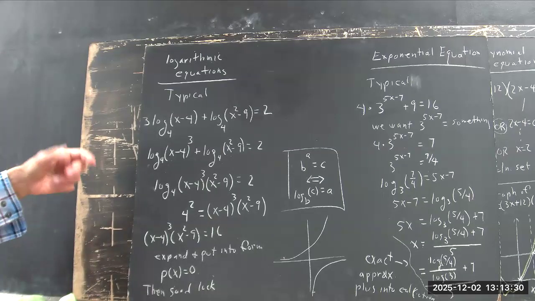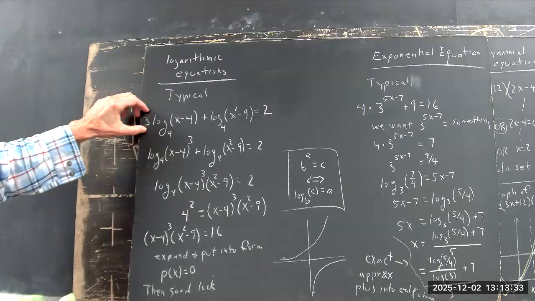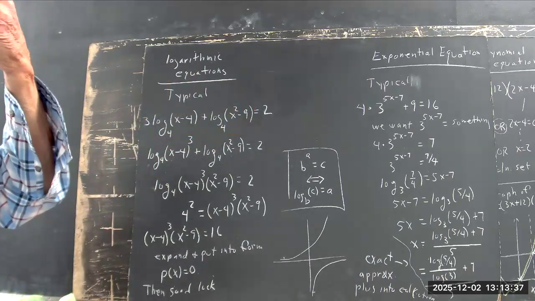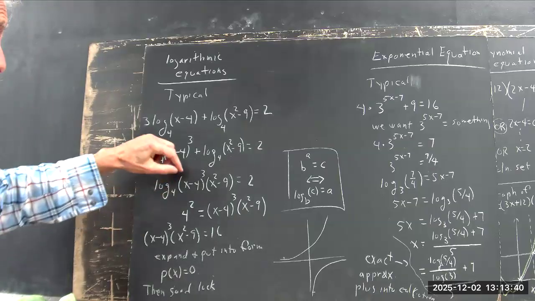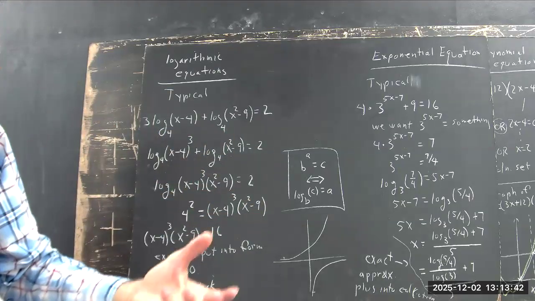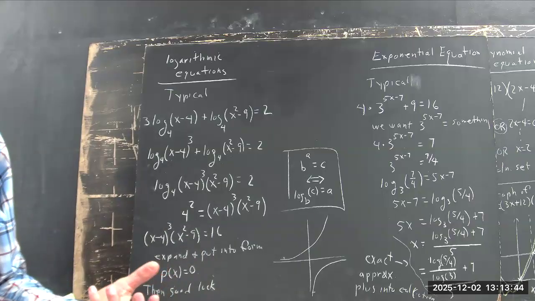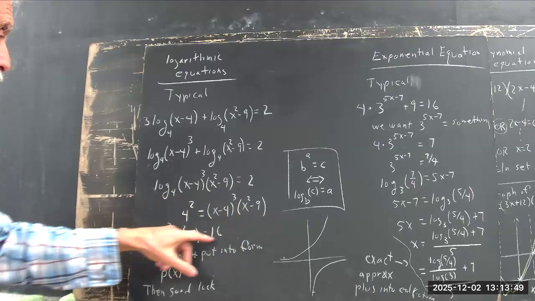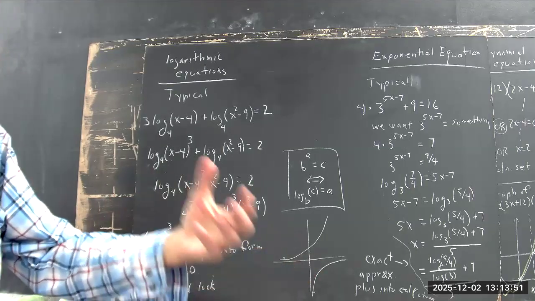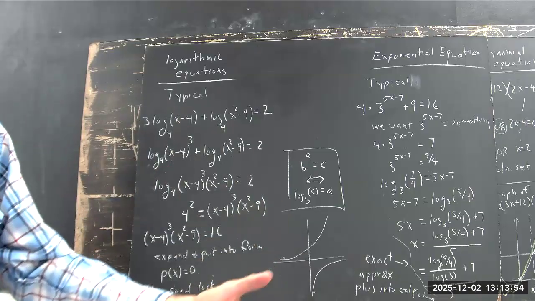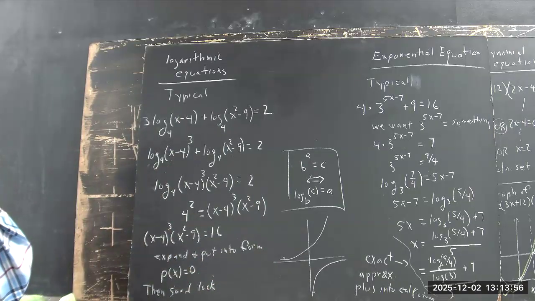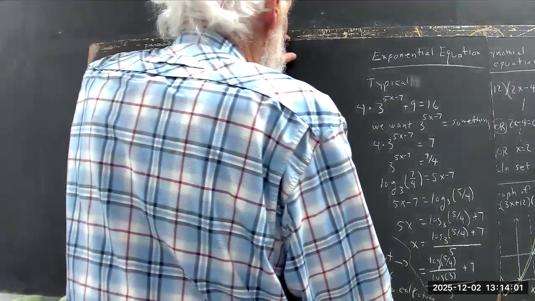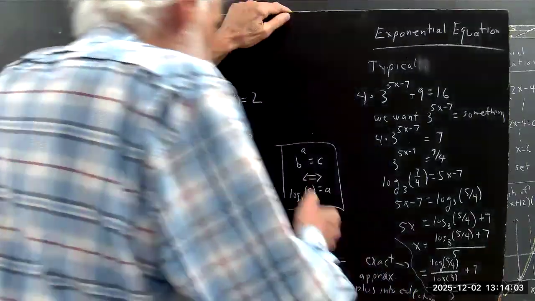Now, if I didn't have the 3 in front here, and if this x wasn't squared, then I would just get a log of x minus 4 times x minus 9, which is quadratic. And I'd have a quadratic equal to 16. And I could put that into the standard form of a quadratic, either factor or use the quadratic formula. So that's kind of a survey of how you'd solve most of the equations that could arise.